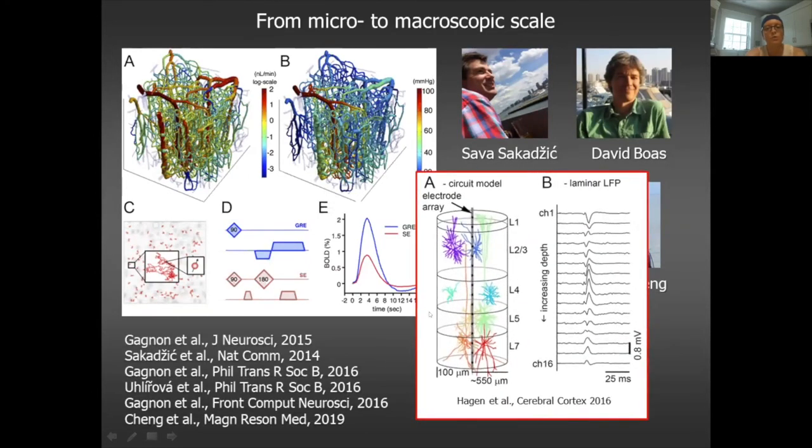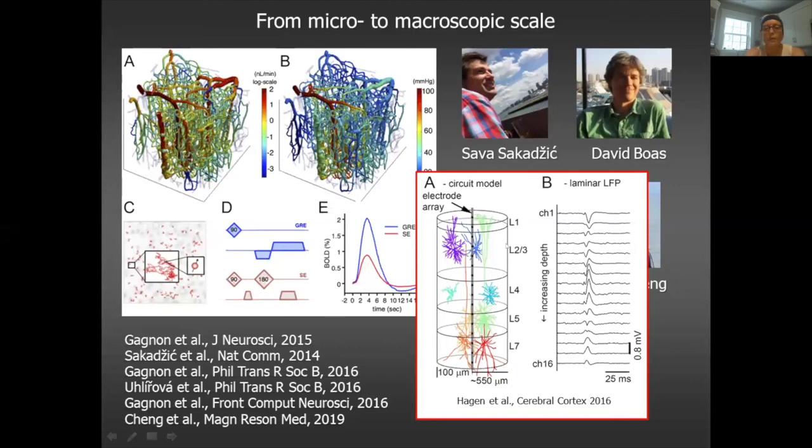Now, what is missing is connecting this to the circuit level models that we have been talking about this morning. What we currently do in this type of model is that we input our vascular dynamics, which we measure experimentally. However, in a full modeling framework, you can imagine that you have your circuit model, and from the circuit model, you get all your LFP and from this calculate the non-invasive EEG and MEG.